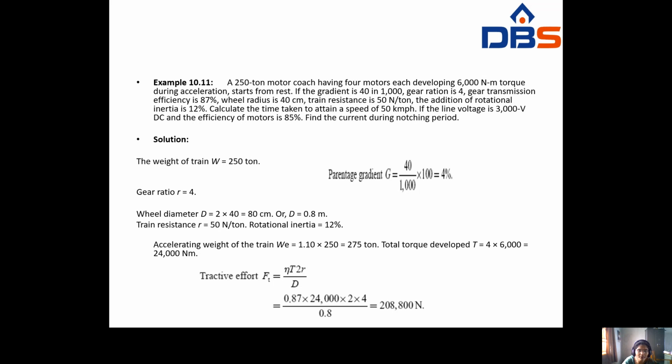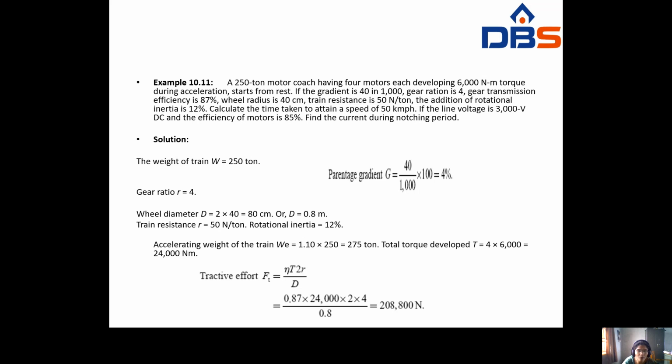So 2 into 40 centimeters becomes 80 centimeters. The centimeters will be converted into meters by dividing by 100, so it becomes 0.8 meters. The train resistance R is given as 50 Newton per ton, and the rotational inertia is given as 12%.